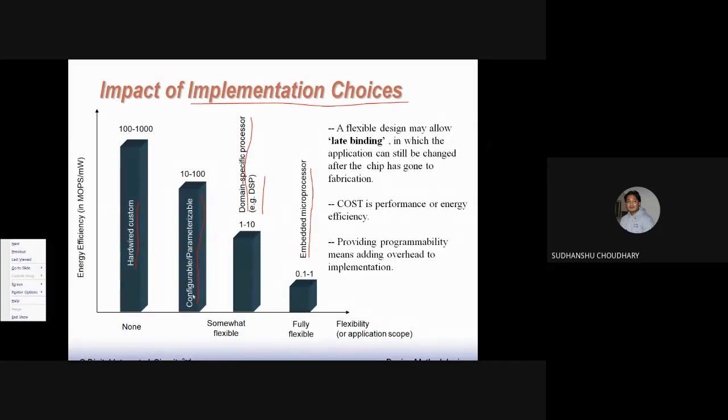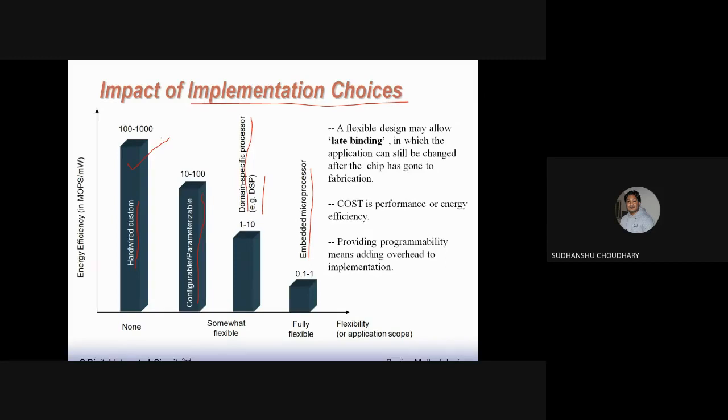Okay. Similarly, configurable or parameterizable means that one can configure or reprogram depending on the requirement, right? So you can change the functionality in a configurable, parameterizable or reconfigurable kind of design methodology. Now the advantage of hardwired or custom would be the cost and the time.